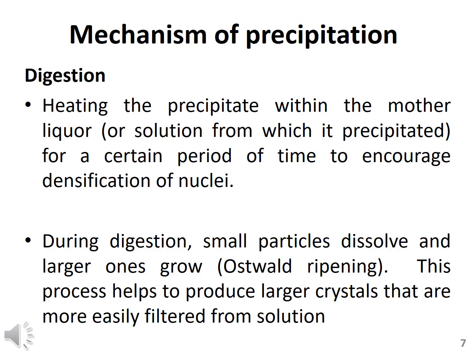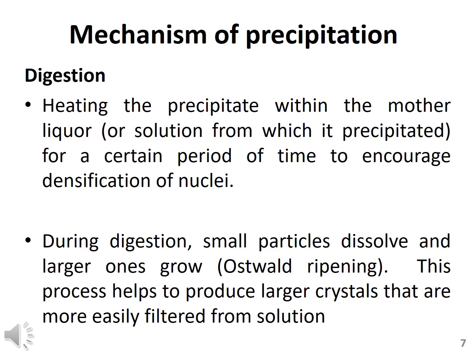Digestion of the resulting precipitate involves the heating of the precipitate within the mother liquor. The mother liquor is the solution in which the precipitates are formed. Digestion is processed for a certain period of time to encourage the densification of the nucleus.